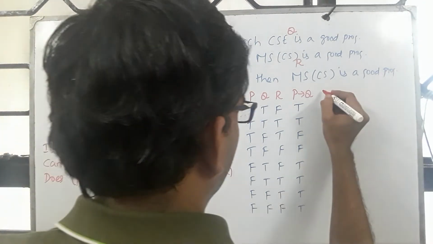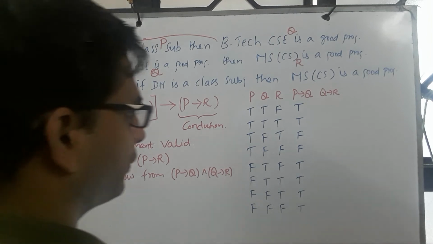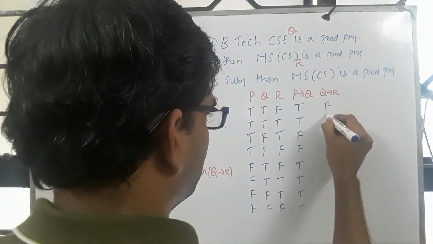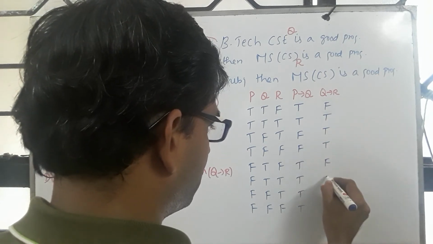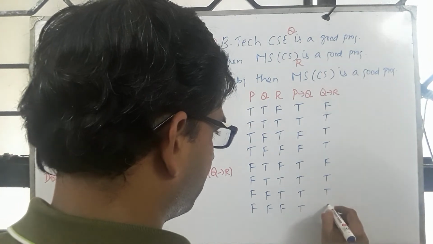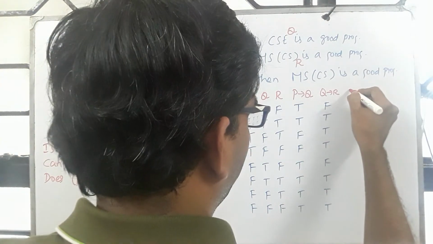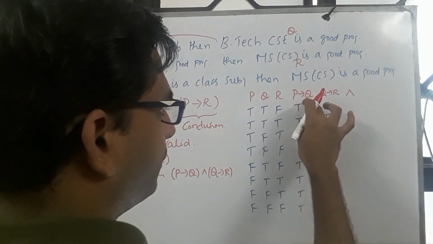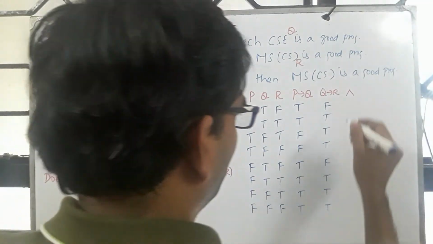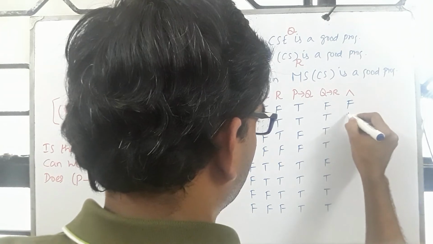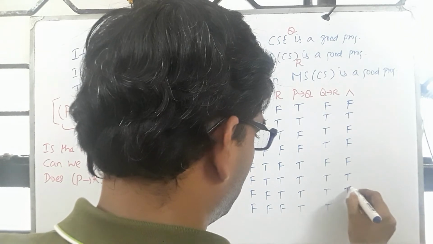Then we need to look at Q imply R. True, false is false. Premise is false. Then let's look at the AND, P imply Q and Q imply R. What would be that value? That is true, false, false, false, true, true, true, true.